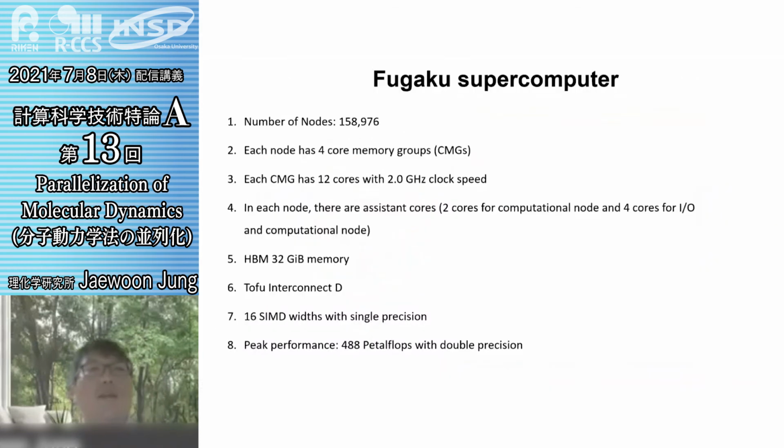And in fact, this way was very useful when we performed MD on K computer. And we also expected similar performance on Fugaku supercomputer. But in fact, we found that there are many things to be reconsidered on Fugaku supercomputer.